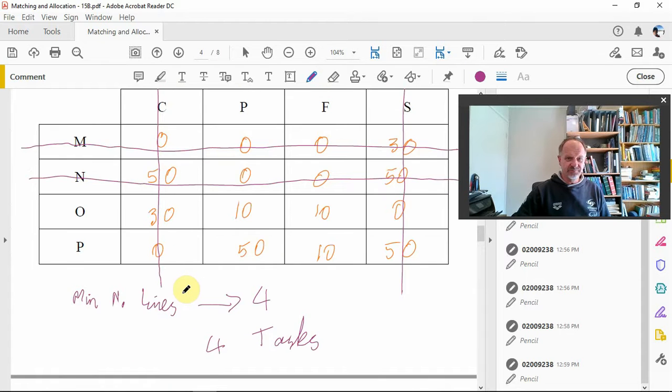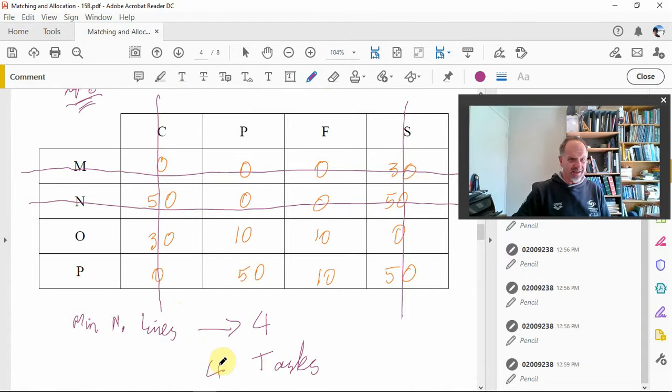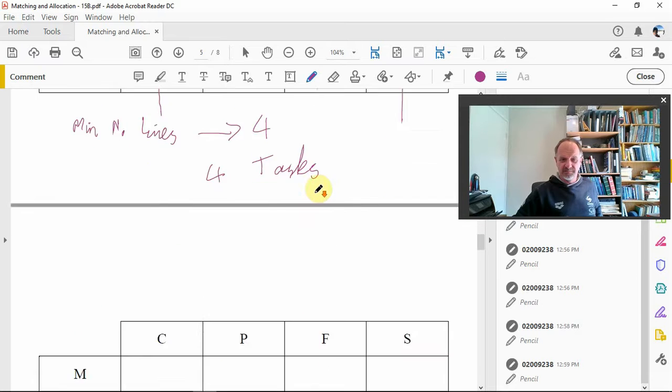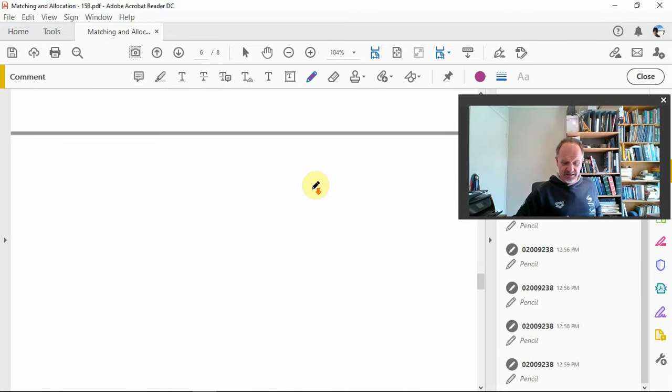Step 7, what we do is we do some allocations. So we allocate people to things with zeros. So Mark we could allocate to any one of these 3 things. So let me go down here. I'm going to have to scroll backwards and forwards here. Hopefully that doesn't get annoying.